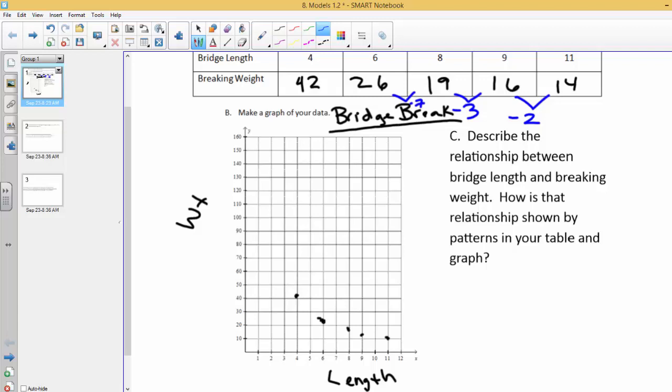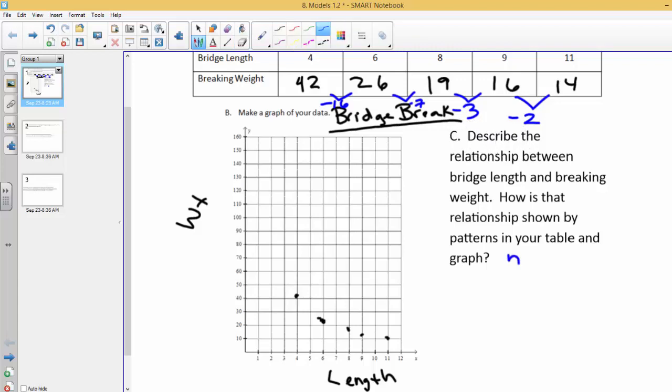And 26 minus 42 is negative 16. So this is getting bigger and bigger as you go back. It's more and more negative. So this is not linear.